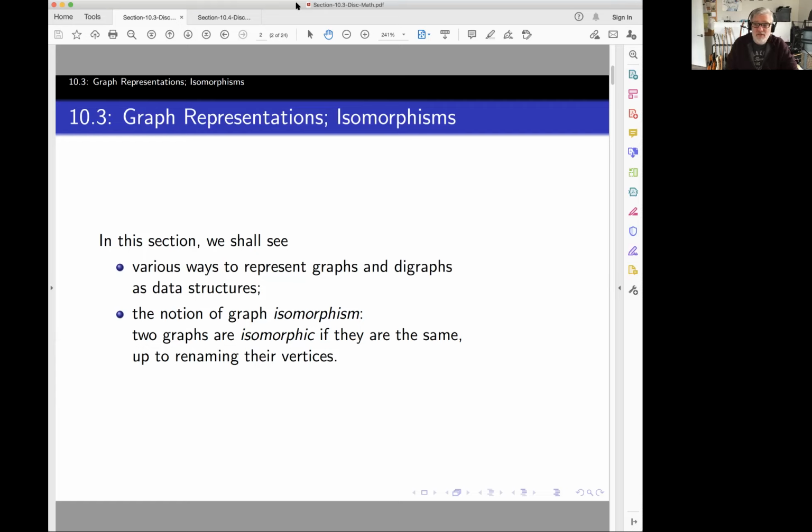So graphs are isomorphic if you're looking basically at the same graph, but they've been presented in different ways. So we'll talk about that too. I will also cover, I think, most of section 10.4 today. We'll see how it goes.